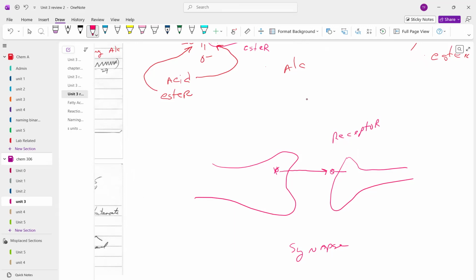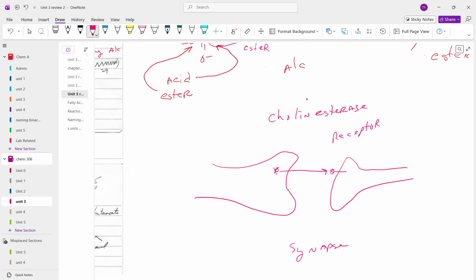The problem is you have to remove the neurotransmitter so that it can fire again. Otherwise, it'll get tied up and be dead, basically. This is done by the enzyme cholinesterase.